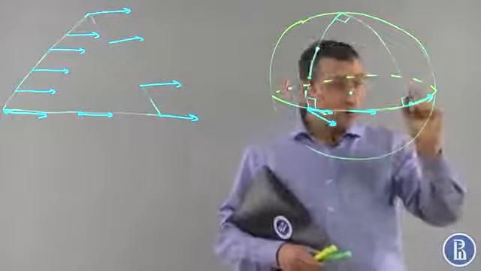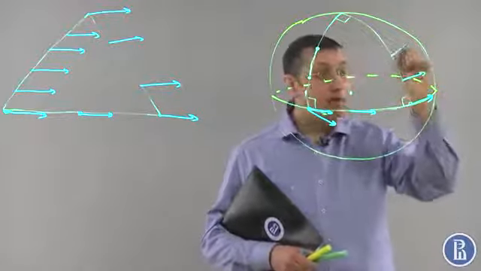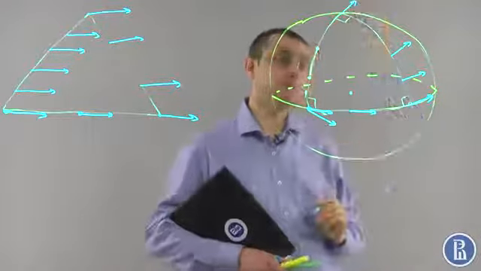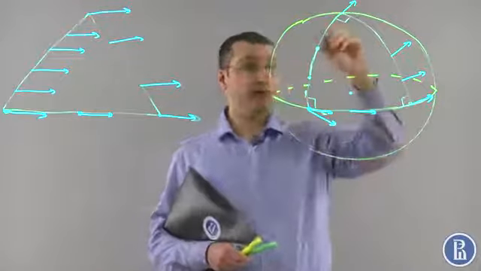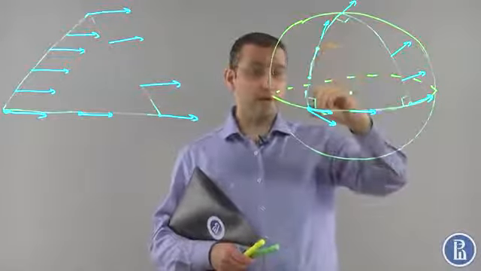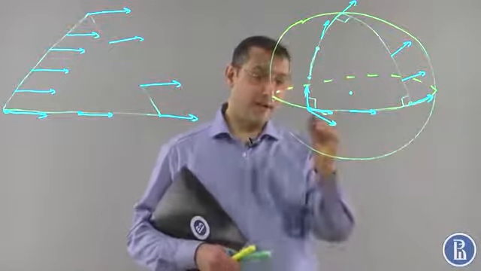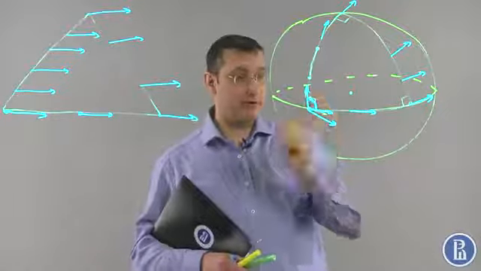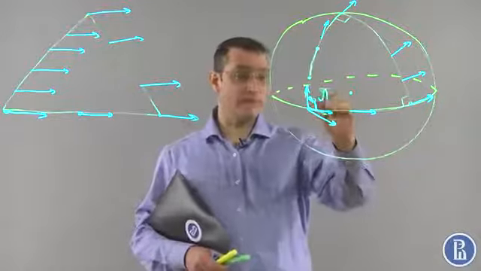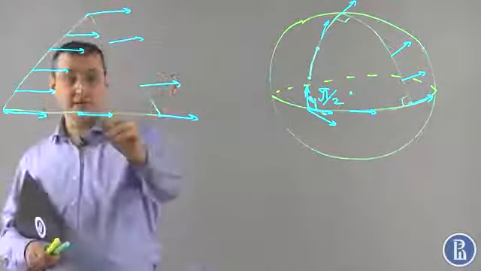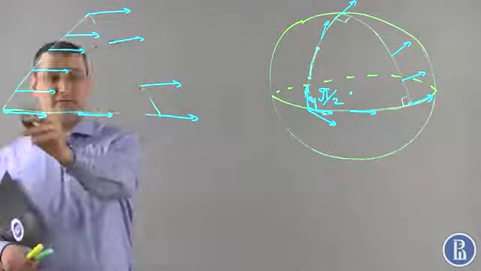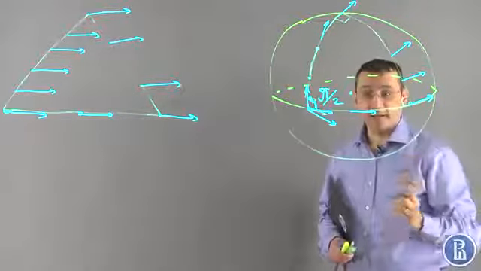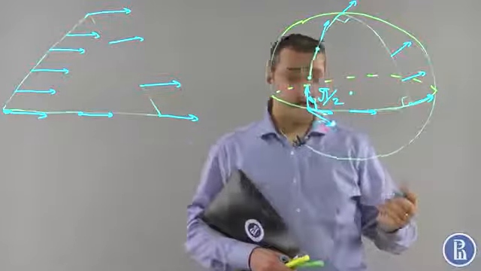Now I do parallel transport along this curve, again respecting the angle, and I end up with something like this here. Then I parallel transport along this line, and I end up with the vector like this. And now we see that after parallel transporting along this curve, the vector is rotated by an angle, unlike in flat space. Here in flat space it returns back, here it is rotated. And that's exactly the point I am trying to tell you.